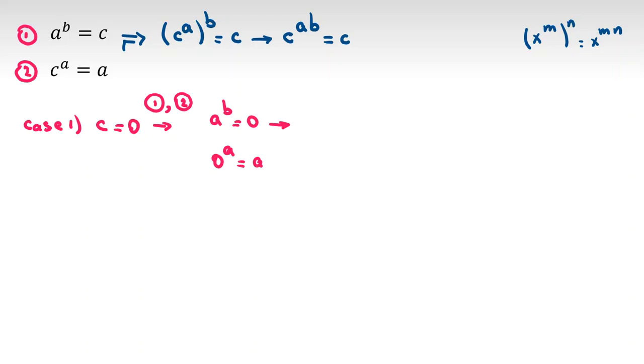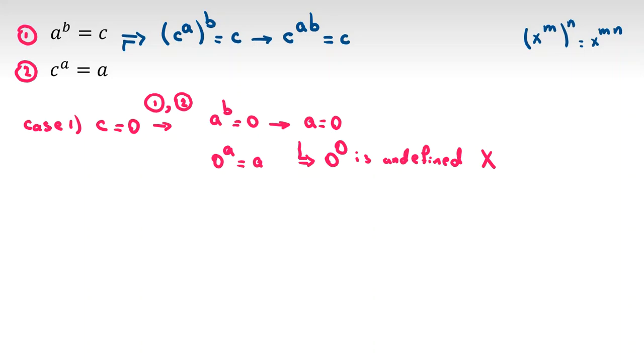From this, the only possible case to reach 0 is a equal to 0. If I replace here, the left-hand side will be 0 to the 0, which is undefined. Because it is undefined, we don't have any answer here.